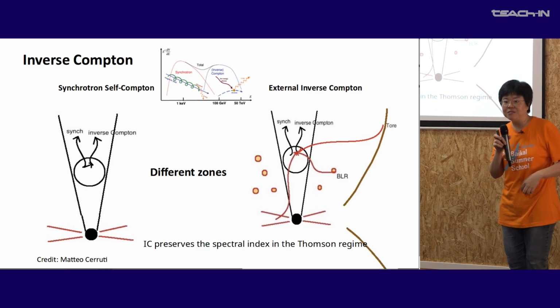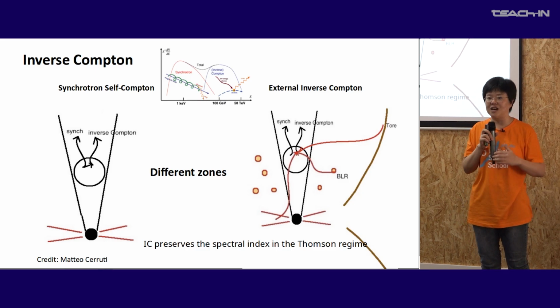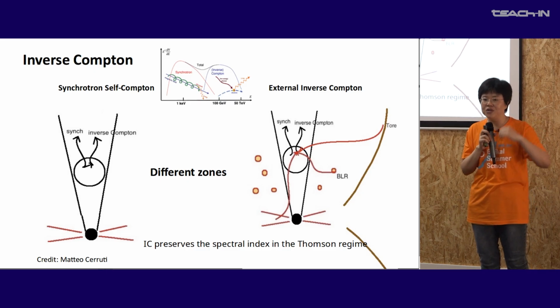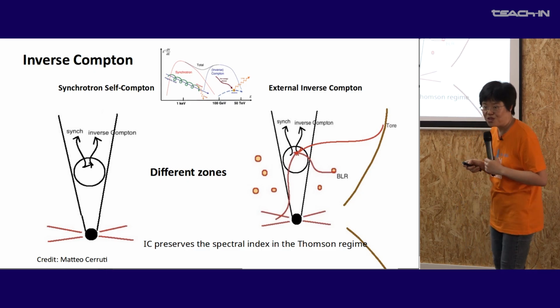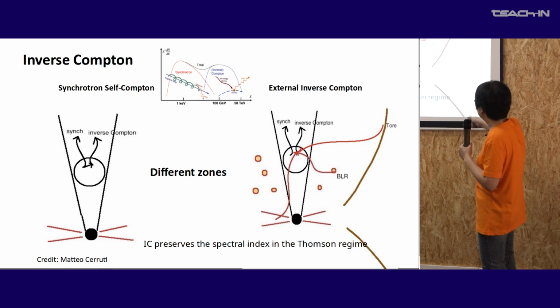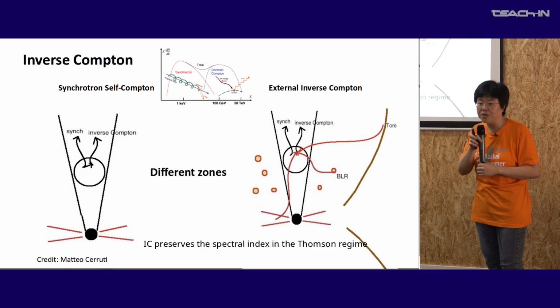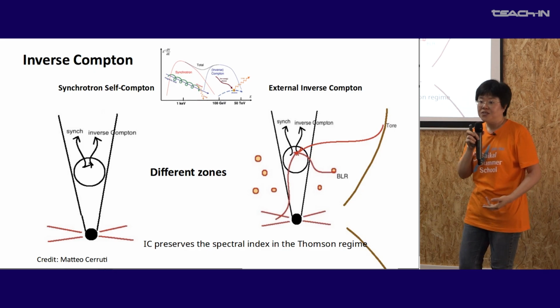But sometimes SSC cannot solve your problem, you get a higher gamma ray flux, what would you do? You build a model with more parameters involved. It's like we do the external inverse Compton. For example, if you have a jet, here is a black hole, you have an accretion disk, you have a broad line region, and here is a torus, they would contribute some radiation, right?